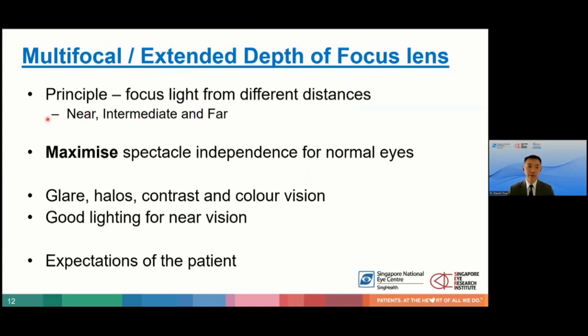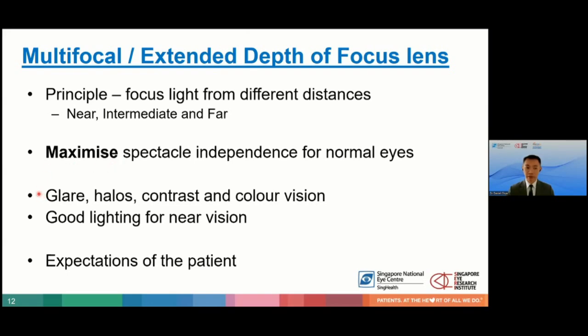For example, of 100% of the light that reaches the eye, we might use 25% for near, 25% for intermediate, and maybe 50% for the far. And the main aim here is to maximize spectacle independence. It does not guarantee no spectacles required, because some patients, despite having a multifocal lens, will find that in certain conditions or certain font sizes, they might still need some glasses help.